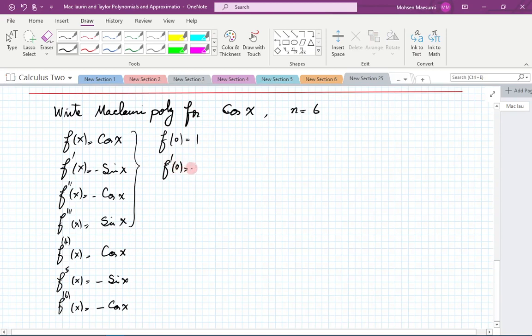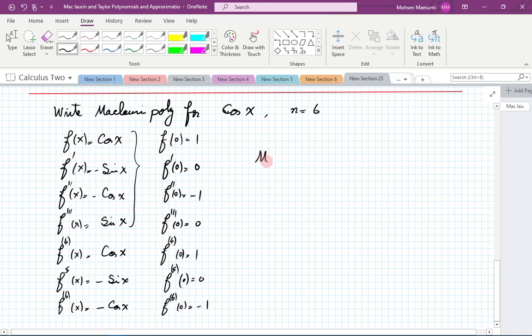F prime of 0 is 0. F double prime of 0 is minus 1. Triple prime at 0 is 0. Then we repeat. Fourth derivative is 1. Fifth derivative is 0. Sixth derivative is minus 1.